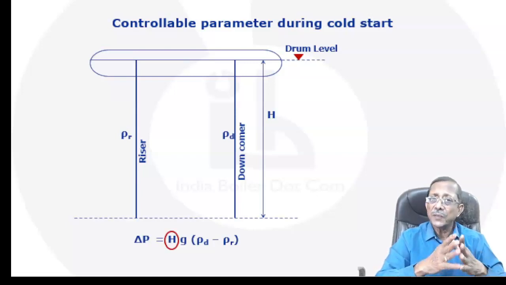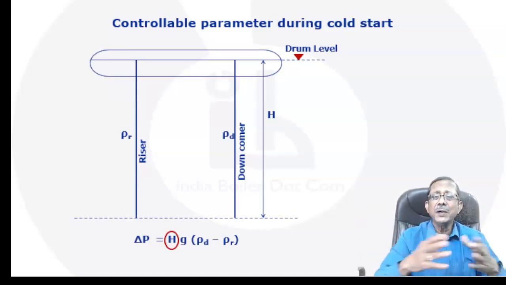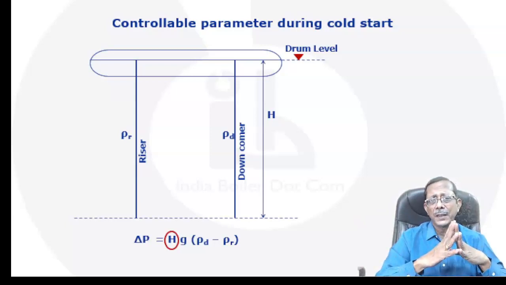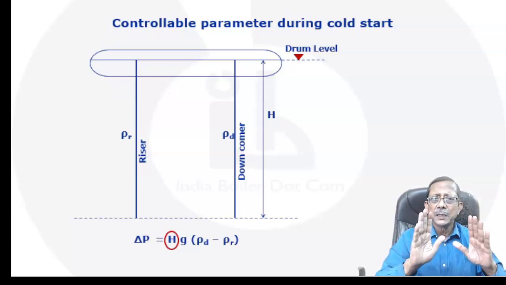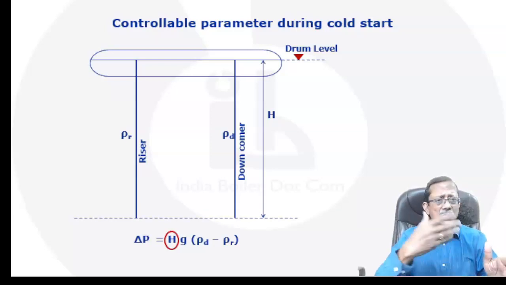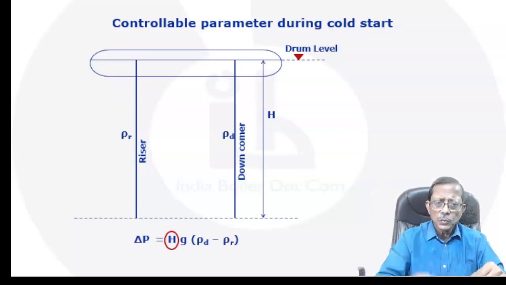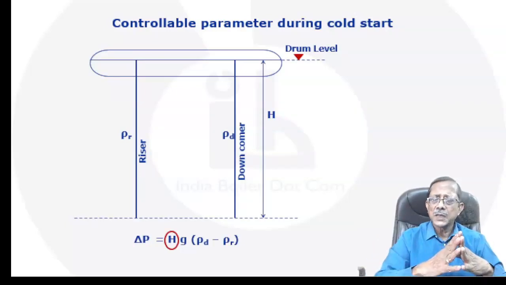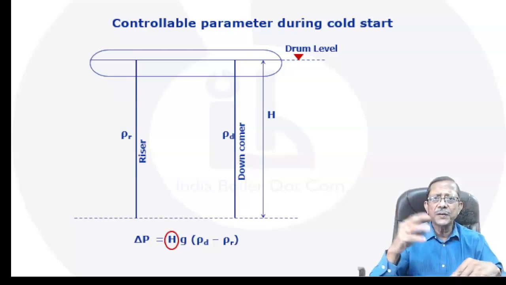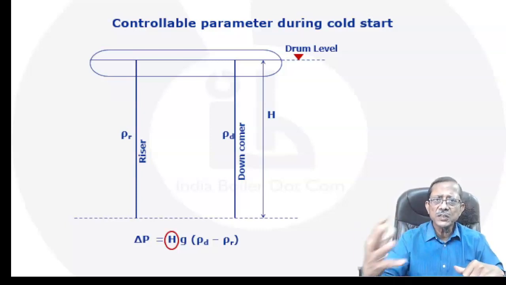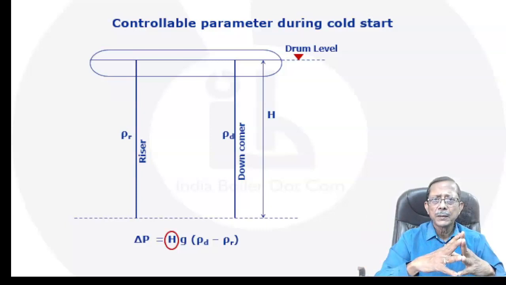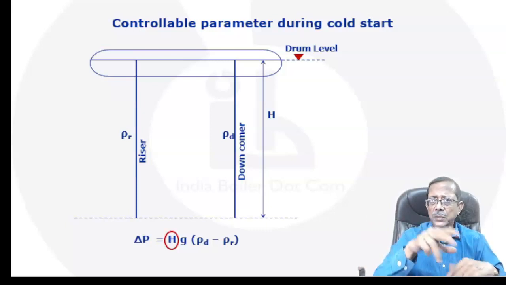50, 60, sometimes 100, sometimes 120 millimeter of water column. Now that is a very dangerous thing. You imagine, it's the cold start, there is no circulation. Management has asked to speed up the startup, right? Ramp it up fast. So a huge amount of heat flux has been added. These two are not in your control.